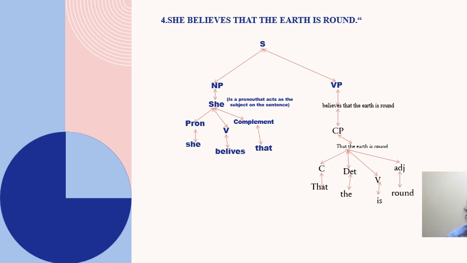That is the complement, the is a determiner, earth is a noun, I think. Is is a preposition, I think, and round is an adjective.